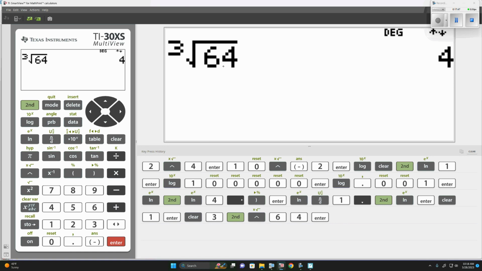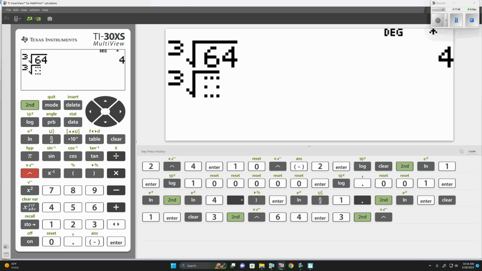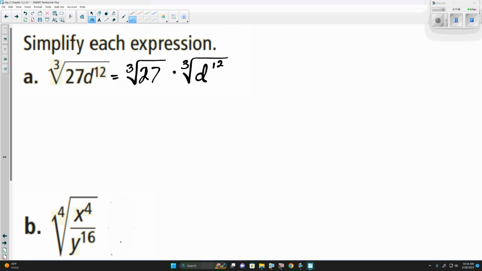And the first thing I would do is, in the calculator, look and see what the cubed root of 27 is. And if it is a nice number, like it is here, 3, we can simplify it to 3. The cubed root of d to the 12th.